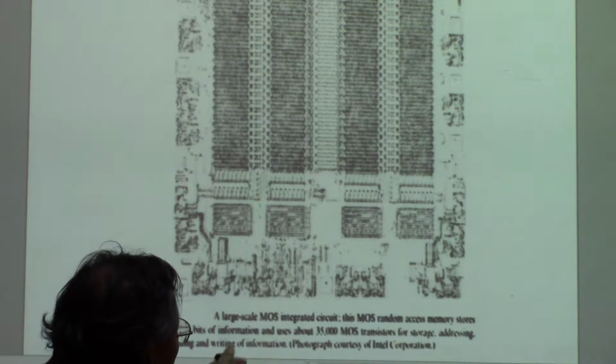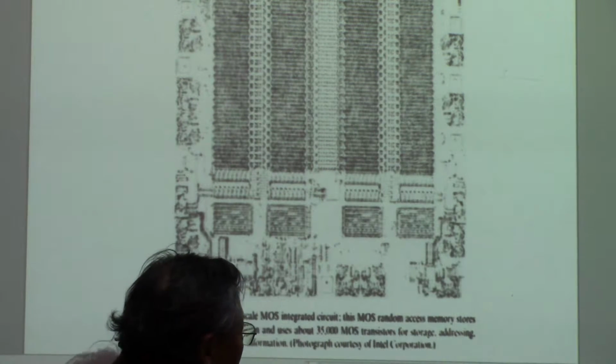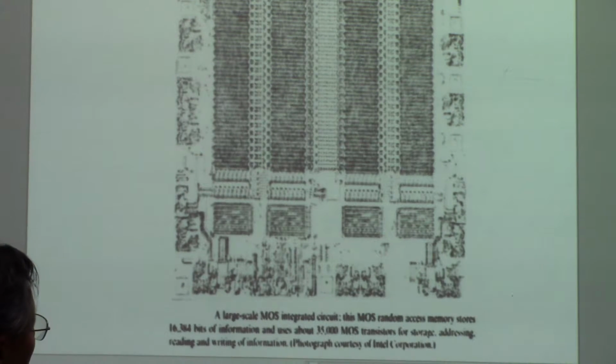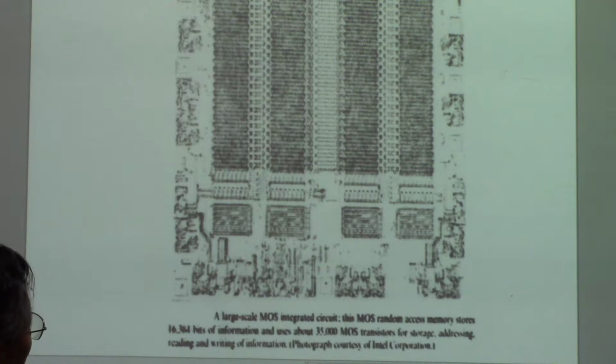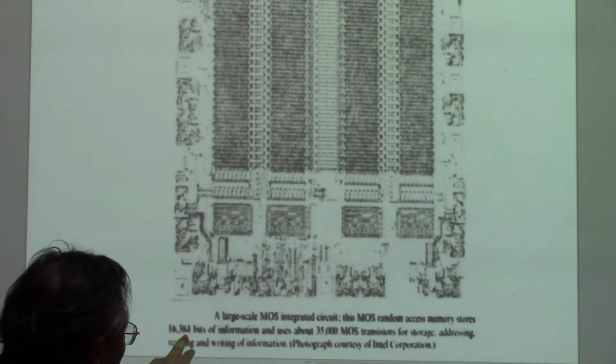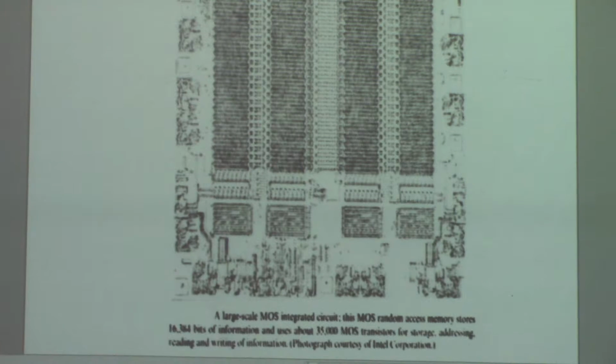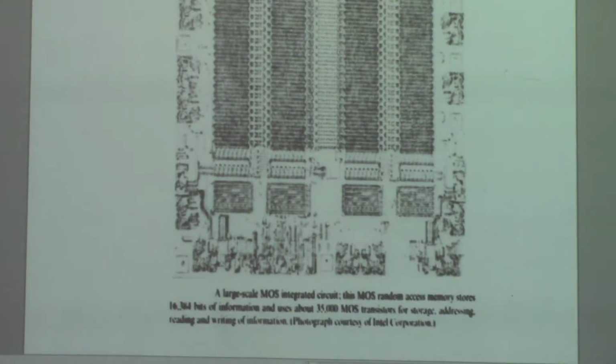This is particularly a memory storage, called the RAM, and it has about 35,000 transistors in there. The total size is about 1 centimeter by 2 centimeter, that big.